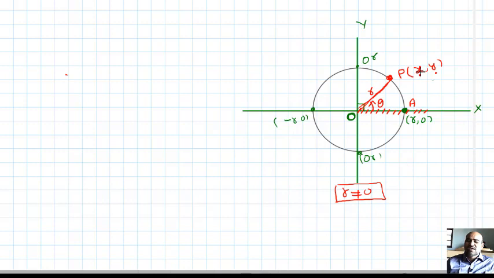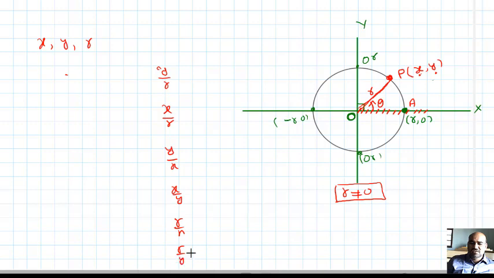Here, by using the three real numbers x, y, r, I can create 6 different ratios. I want to write them one by one. One is y by r, another ratio is x by r, another is y by x, another is x by y, then r by x, r by y.